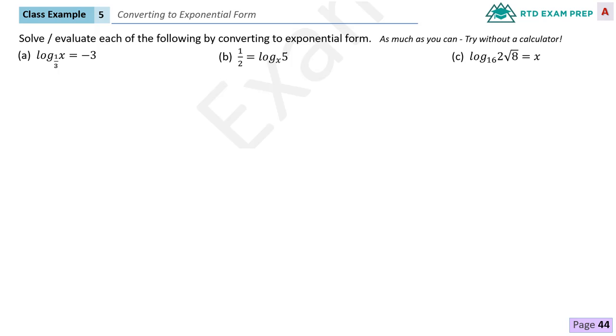In class example 5, we'll convert logarithmic equations into exponential form in order to solve them. Remember, a logarithm has a base, an argument, and an output value, which is the exponent. So when we rewrite it in exponential form, the base will be the base, and the output will be the exponent, and that argument will be the output of the exponential function.